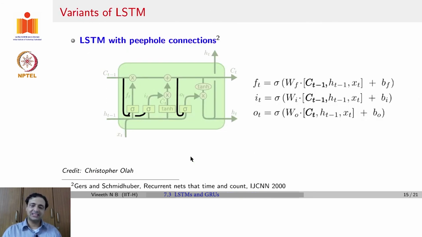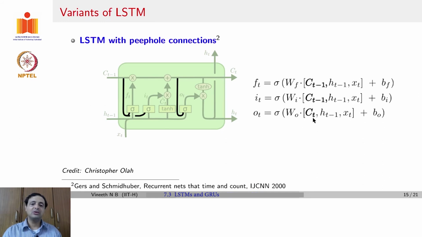Over the years, since LSTMs came way back in 1997, there have been a few variants of LSTMs that have been developed. A couple of popular variants are, one of them is known as an LSTM with peephole connections. The reason it's called an LSTM with peephole connections is that in the computation of the forget gate, input gate and output gate, you notice that in addition to ht-1 and xt, you also provide ct-1 as inputs, and for the output gate, you also give ct as input.